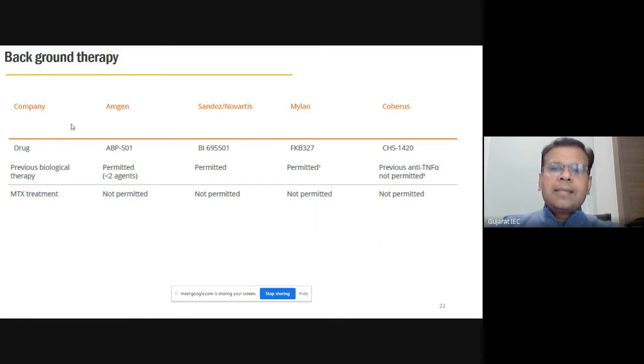There is a drug, methotrexate, which is used along with this in the treatment. Now, what happens is previous biological therapy.